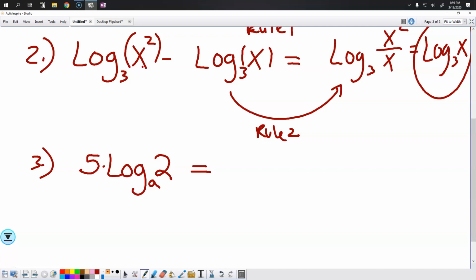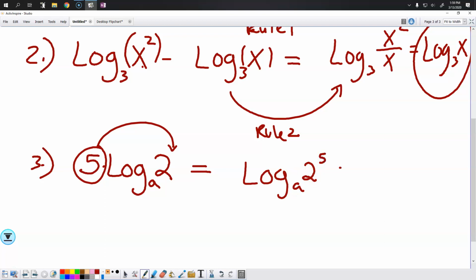What property does this look like? It looks like rule 3. Rule 3 says whatever number you're multiplying by in the front, you can make that an exponent on your argument. So it can look like this, log base A of 2 to the 5th power, which we can simplify, by the way. 2 to the 5th power. Anybody? Good job. 32.